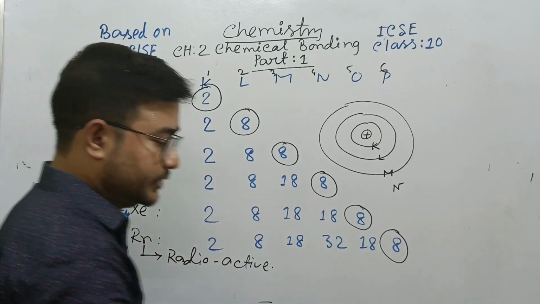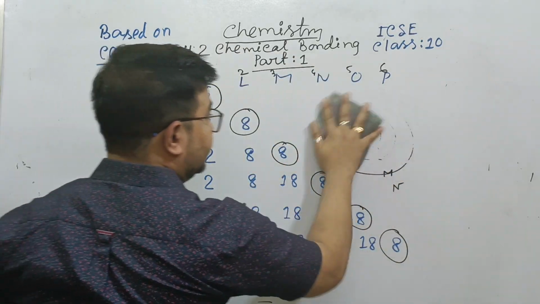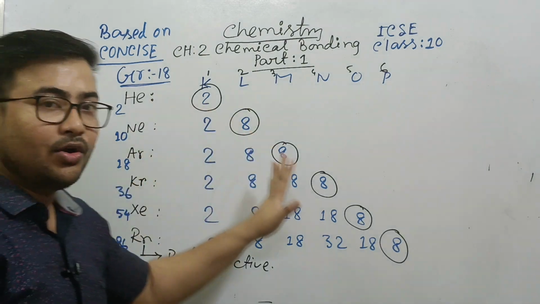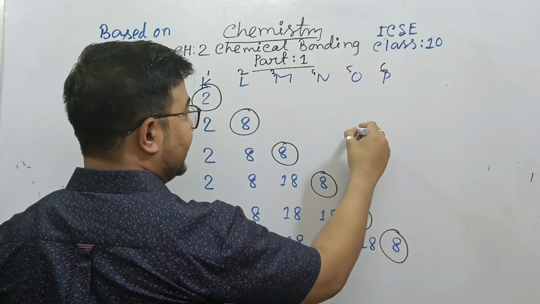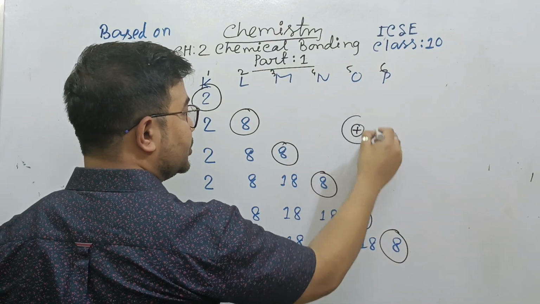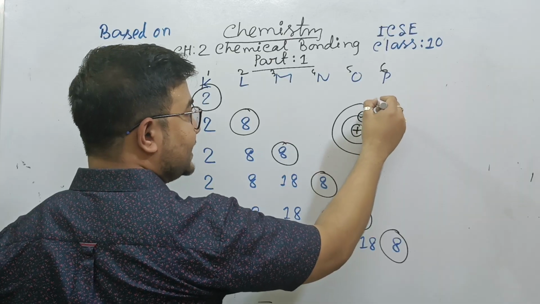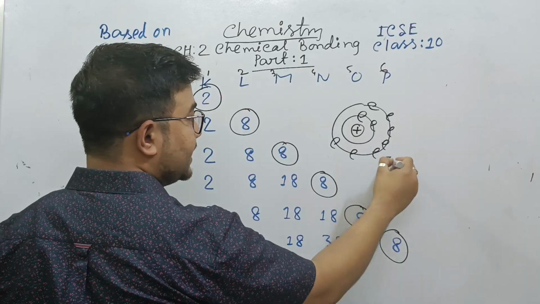Done. Now look at the board. So they are already stable, but take any other atom, suppose in the outermost shell there are 7 electrons, 1 2 3 4 5 6 7, only 7 electrons.